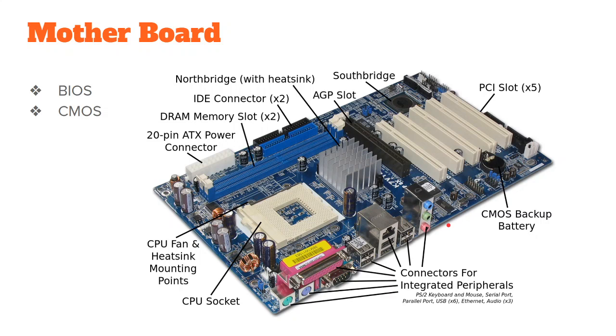Okay, then what else? See, this is the slot for a RAM, that is the DRAM memory slot. There are usually two sets of slots. So with the help of this you can have the RAM in this. Then this is the CPU socket, or it is also called a chipset.